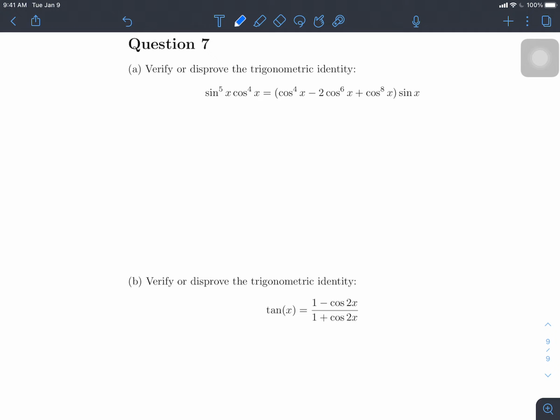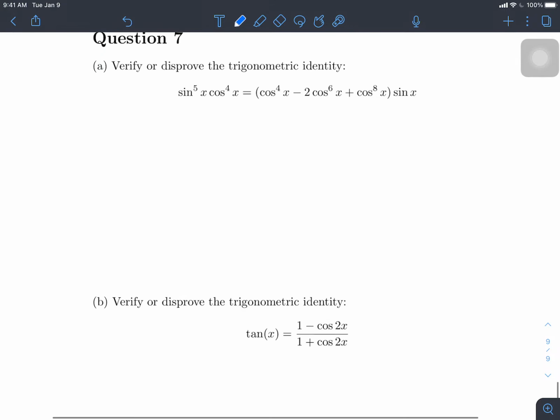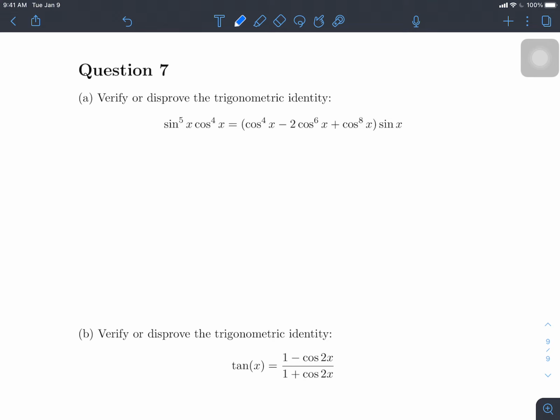Okay, so you could do a couple of things with this problem, and they would all be perfectly acceptable ways of approaching it.